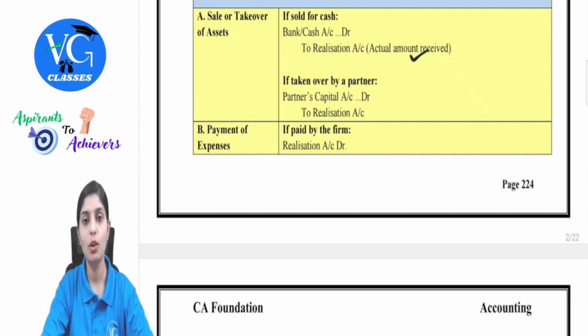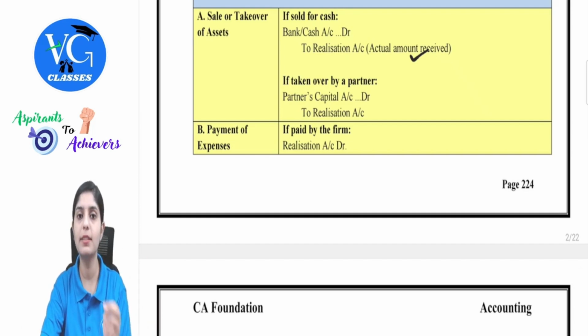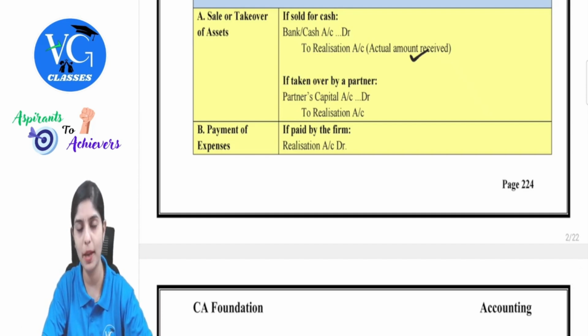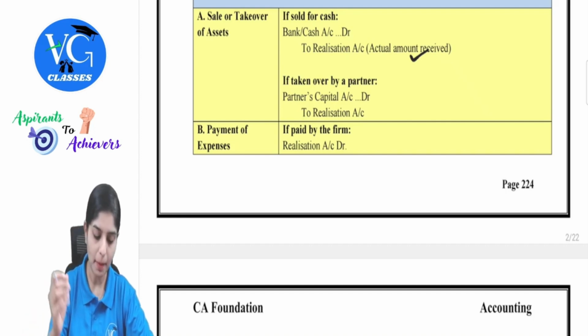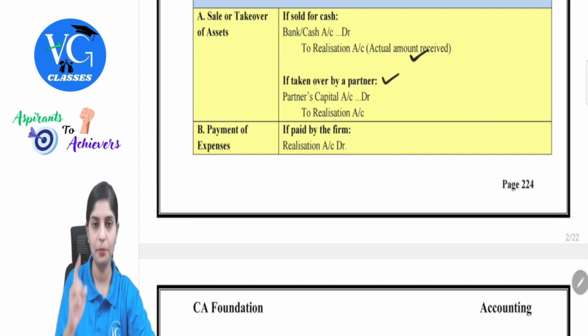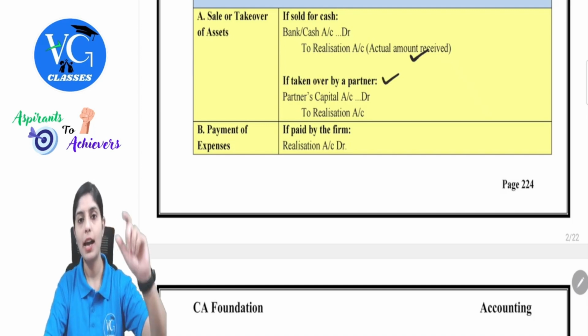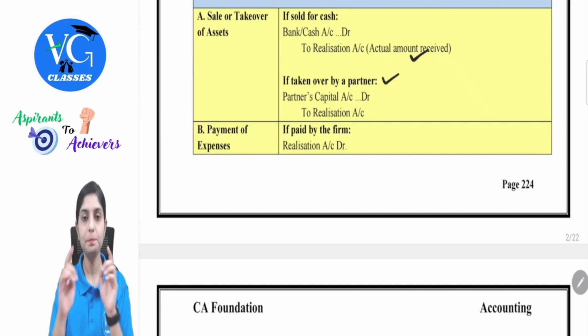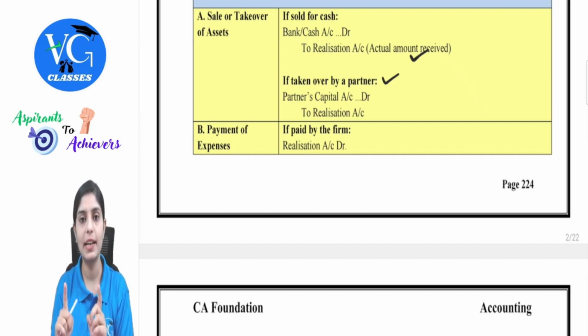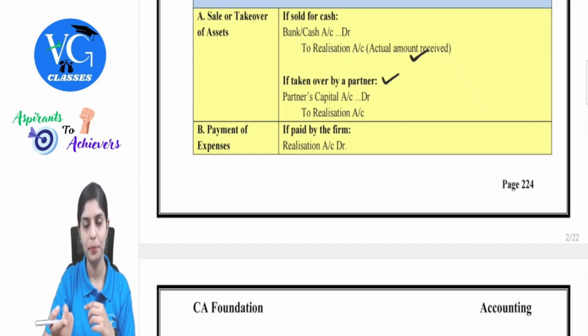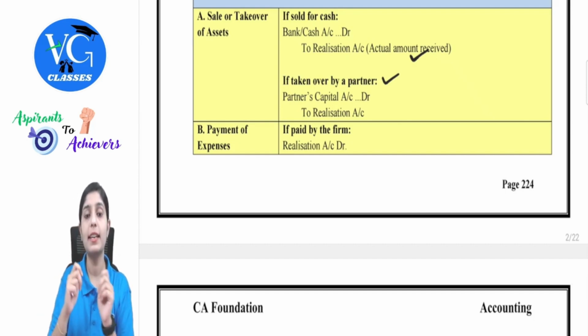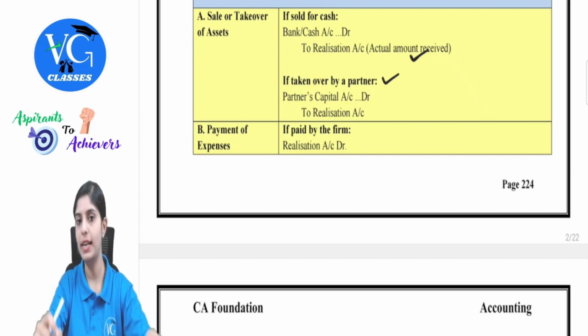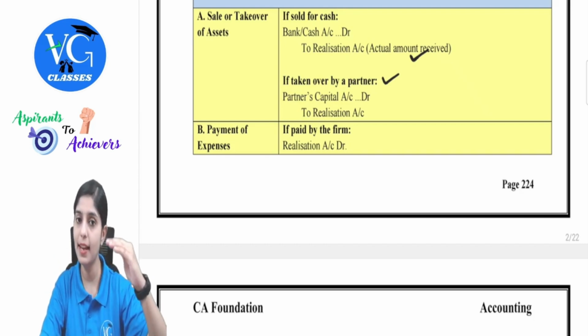Sometimes some partners have outstanding balances which the firm has to pay, and the partner will instead take over the assets. If the partner takes over the assets, understand the logic behind the entry. Partner's capital credit means the firm has to pay. Now the partner is taking over the assets for some balance, so his balance has to come down.